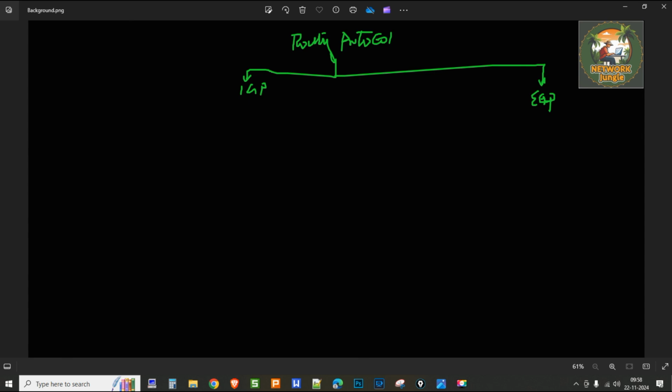EGP is the Exterior Gateway Routing Protocol. Mainly it is used for BGP, the Border Gateway Protocol, to route information between different AS values. IGP is within the same AS value, EGP is between different AS values.